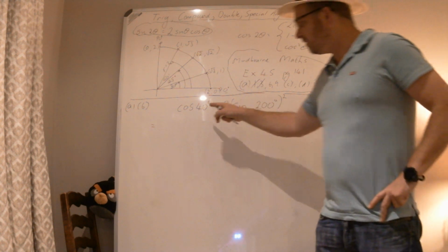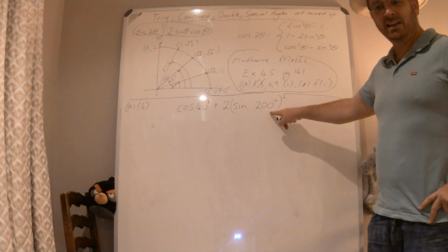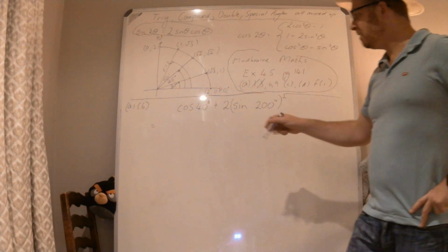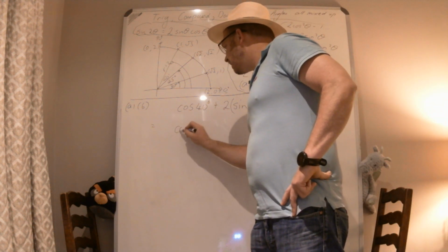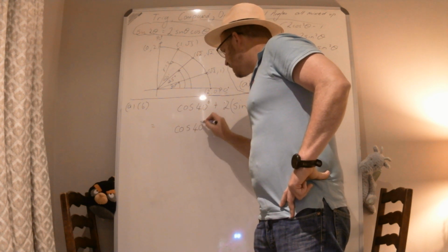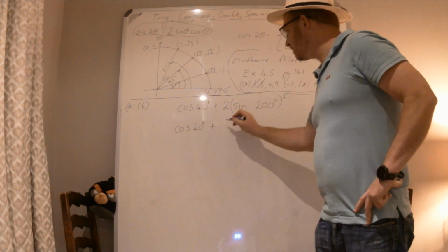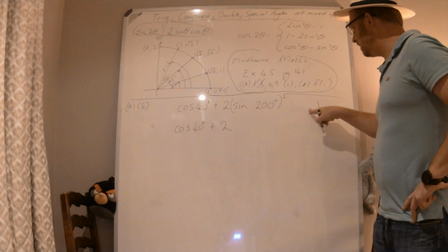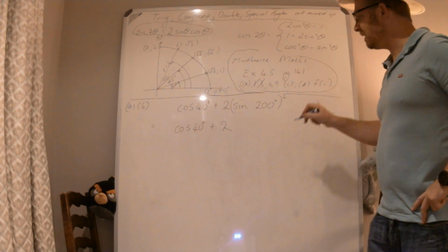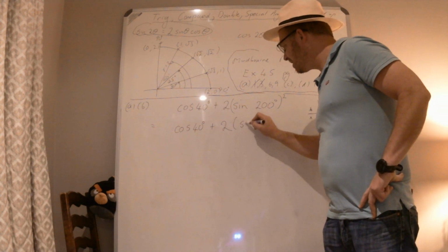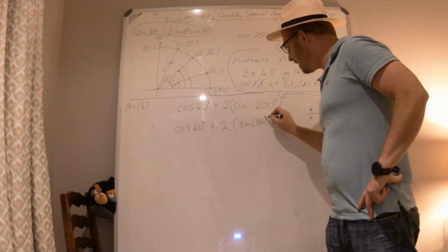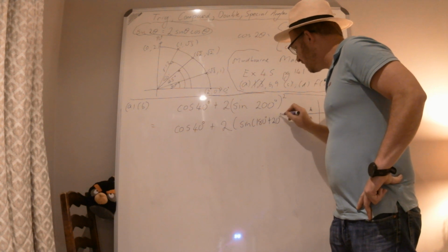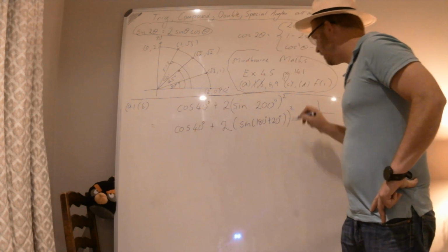So the first thing we're going to do is find the angle that's not acute, which in this case is 200. Then I've got cos 40, we'll leave that. Plus 2 sine, well, where's 200? 200 is over here in quadrant 3, so you can write it as 180 plus 20. So it's 2 sine 180 plus 20. As I say, you can skip out steps once you're comfortable with all of this.